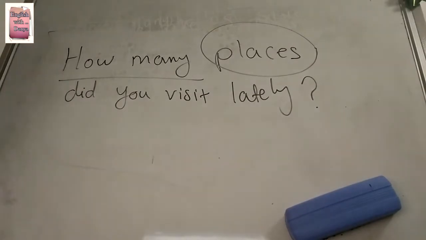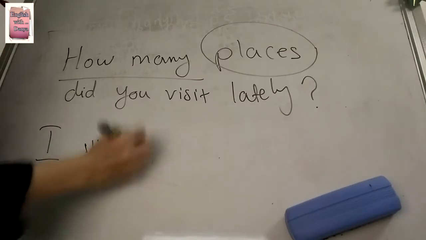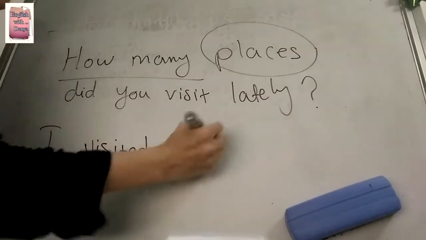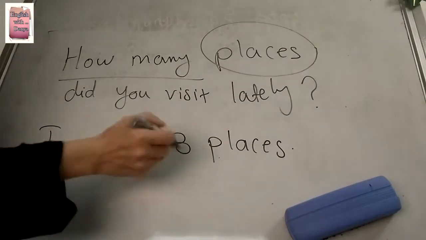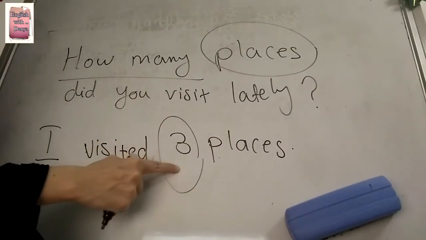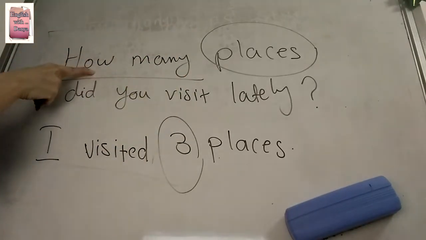You can tell if you visited 2 places, 3 places, 4 places. So how can we answer? We can answer saying that I visited maybe 3 places. So here, 3 is something that you can count. That's why we use how many.